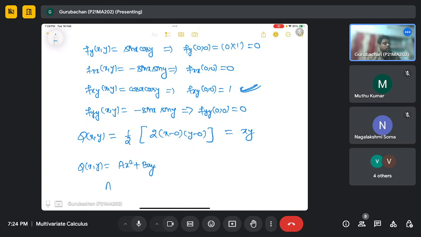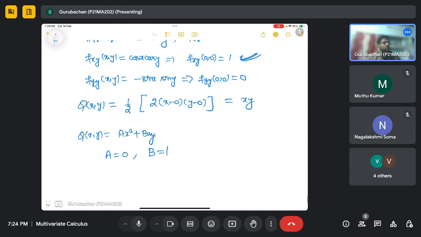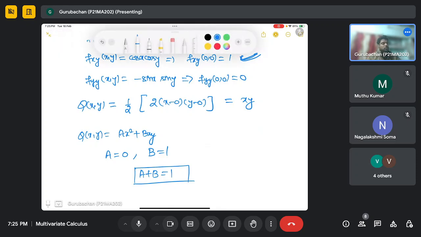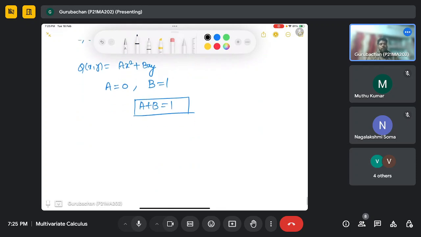So from here a is equal to 0 and b is equal to 1. Therefore, the sum of these quantities is nothing but 1. Okay. Everybody is okay with this?